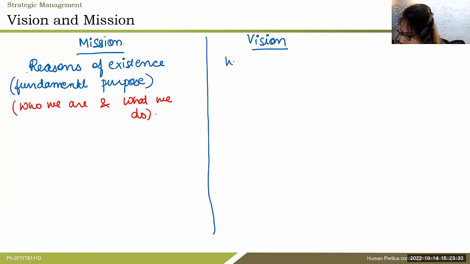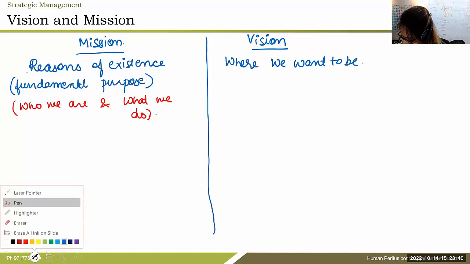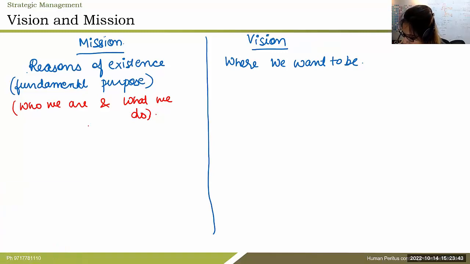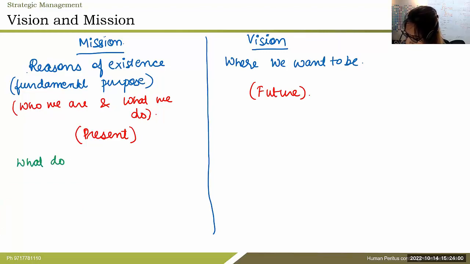Wherein vision tells us where we want to be. So basically, mission tells us about the present state of affairs. And this tells us about the future. Right? Then we have the same meaning. What do we stand for? And vision will tell us what we aspire for.